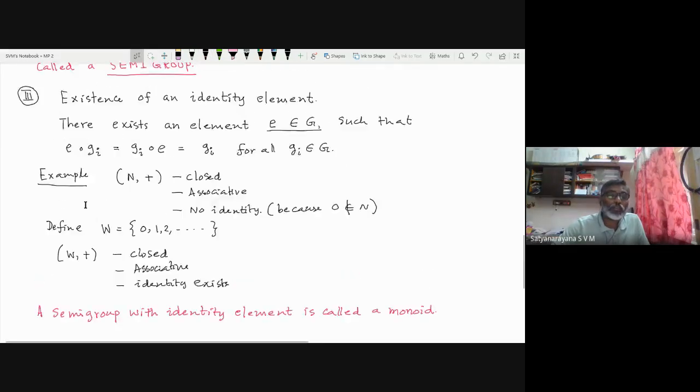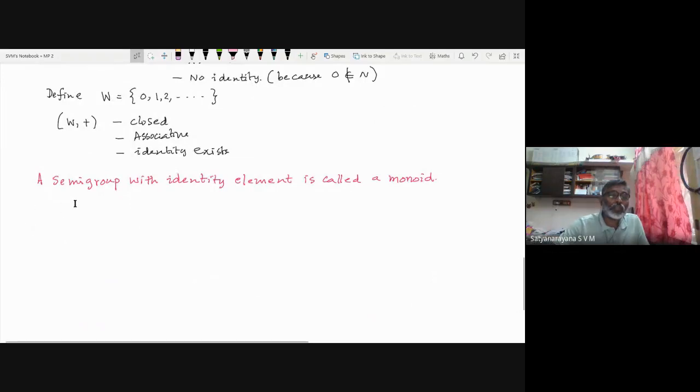Now let's go to the fourth property, or fourth axiom that an algebraic structure should satisfy. This is called existence of inverse elements.